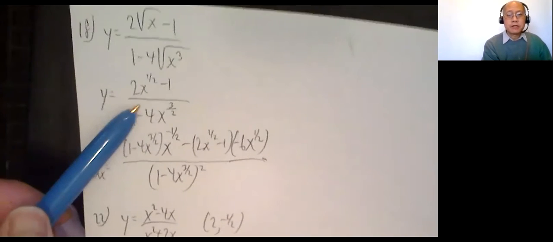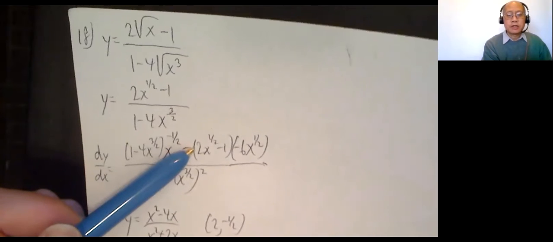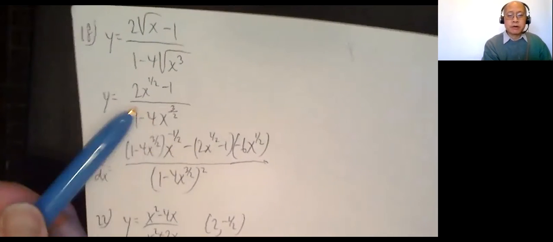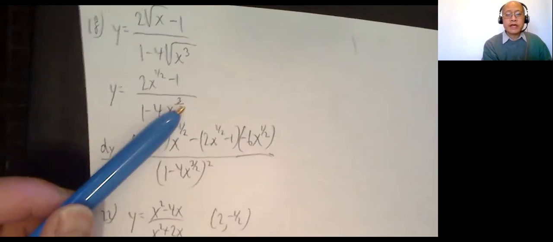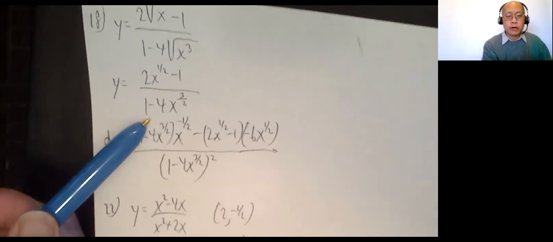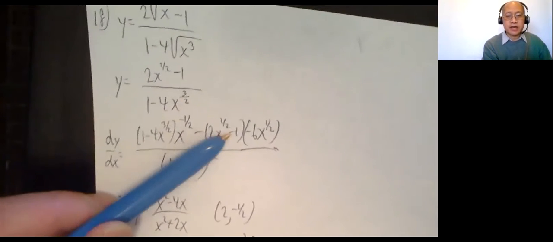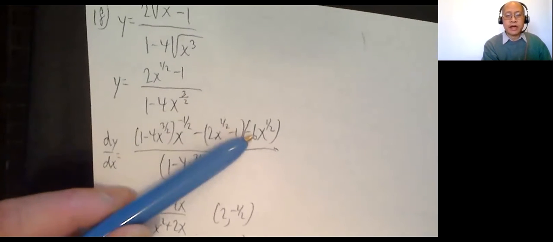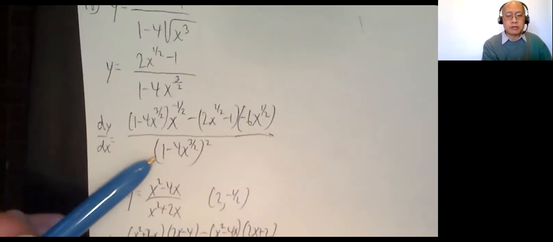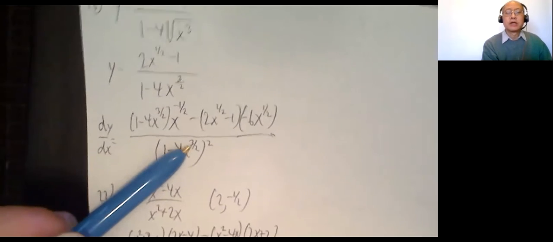Minus the top, 2x to the 1/2 minus 1, times the derivative of the bottom. Derivative of 1 is 0, so don't write it. 3/2 times negative 4 is negative 6. X to the 3/2 minus 1 is 1/2. All over the square of the denominator. So 1 minus 4x to the 3/2 squared.